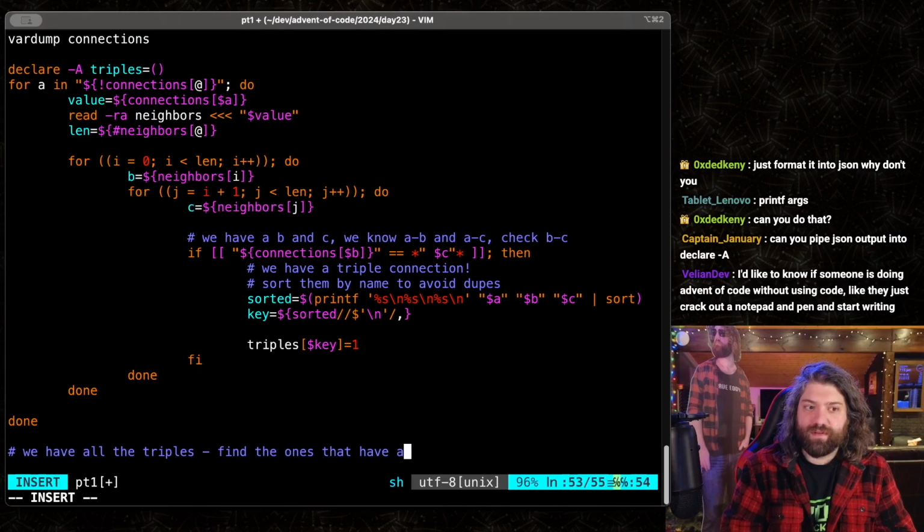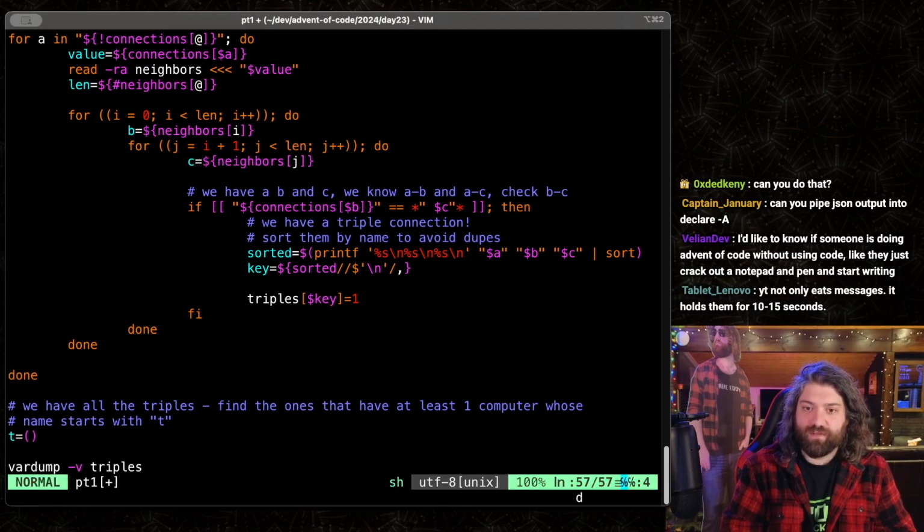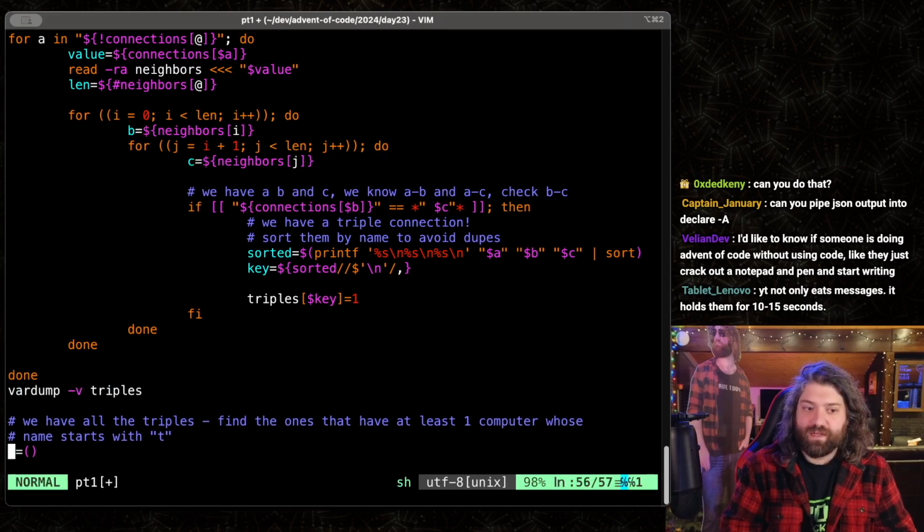Find the ones that have at least one computer whose name starts with T. Okay, that's what I should make sure I reread exactly what it was. So declare T. We'll just say T equals new array, and we'll push into this, and this will be all of them that contain T's. Cool.